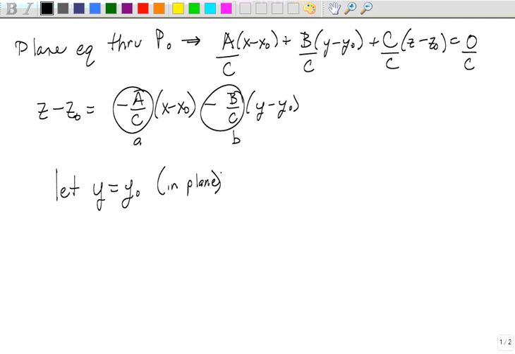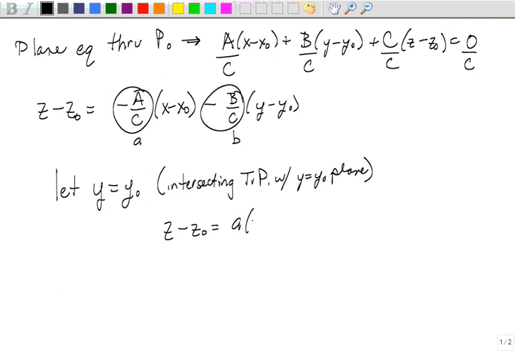Let me write that down. We intersect the tangent plane with the y equals y0 plane. And we get z minus z0 equals A times (x minus x0). The y minus y0 term drops out, goes to 0.